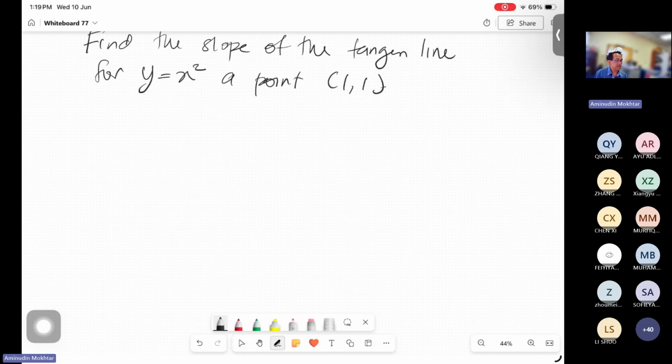I will draw the graph using Desmos, and share with you the curve of y equal to x to the power of 2 at this point.